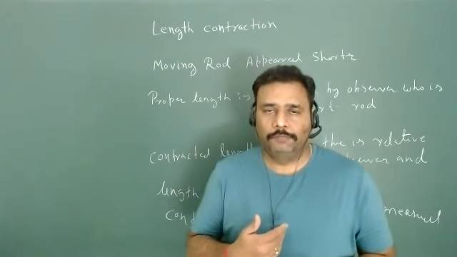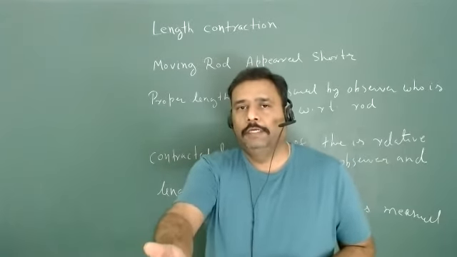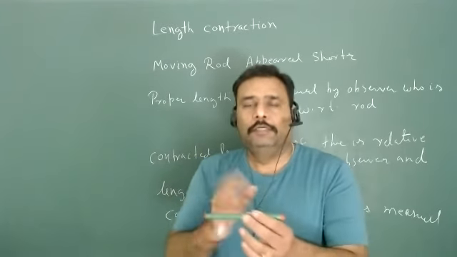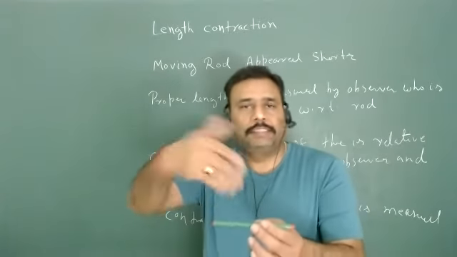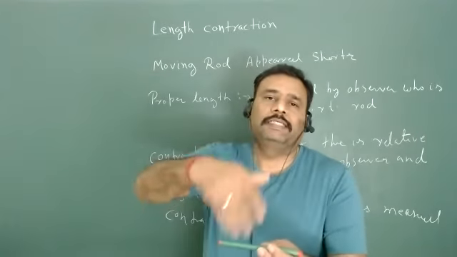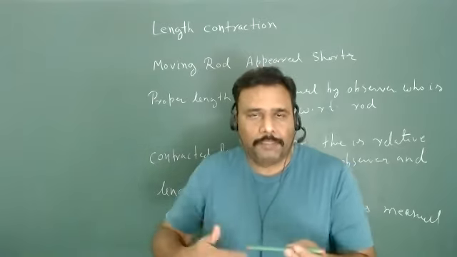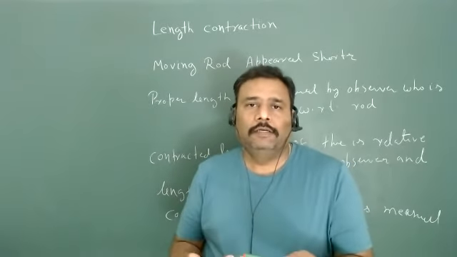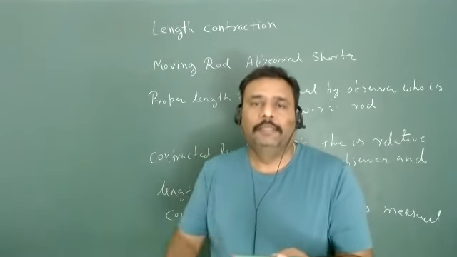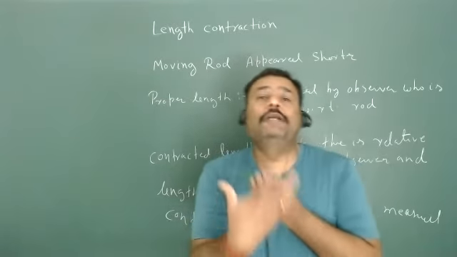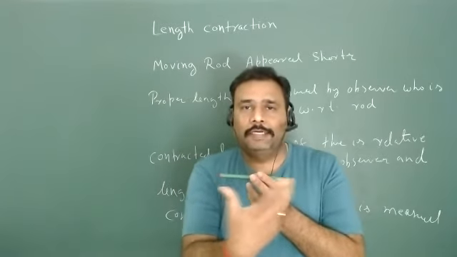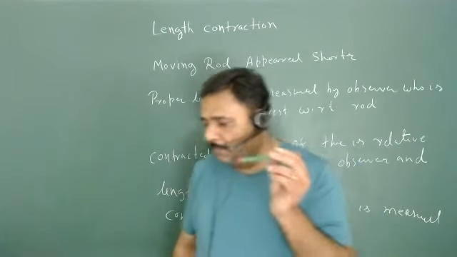Suppose I am one observer, you are another observer. We have different relationships with this rod, depending on my speed with respect to this particular length. I am repeatedly talking about length. So we have to see what the meaning of that is.